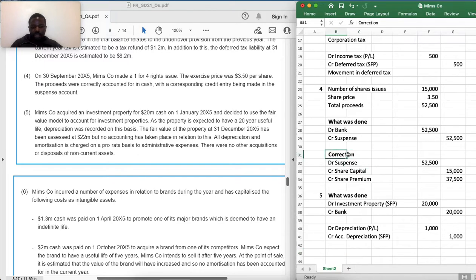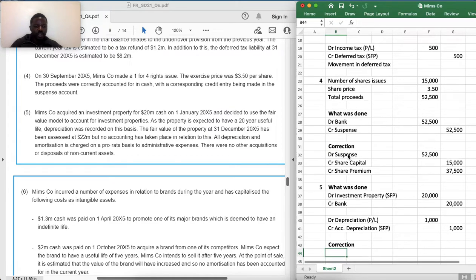So let's put the correction because this depreciation was wrong. So we need to correct that.